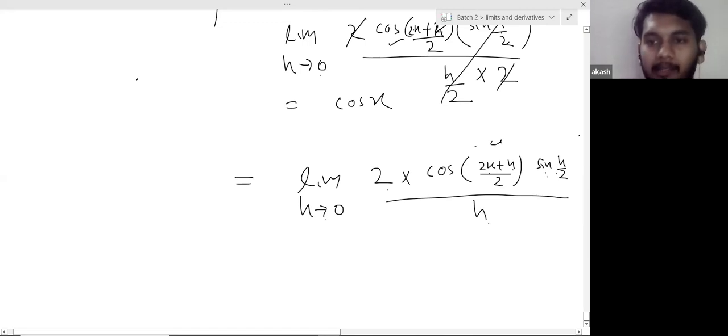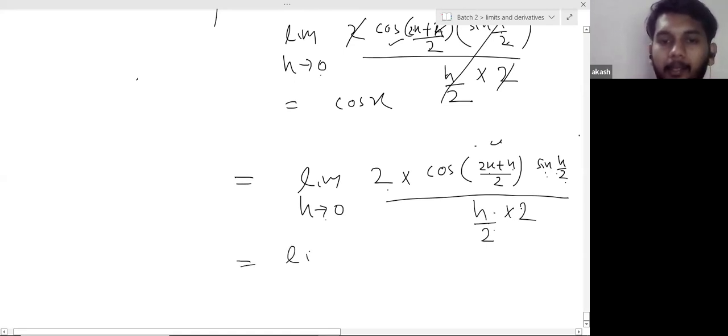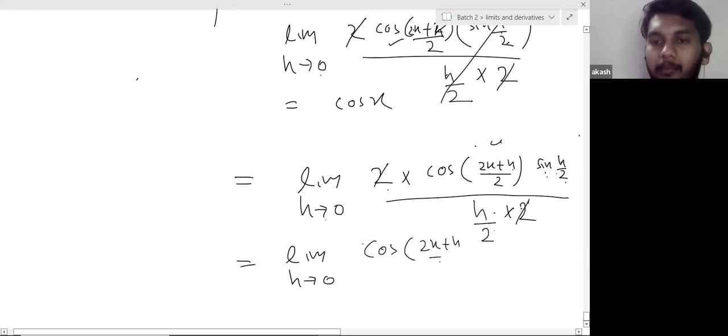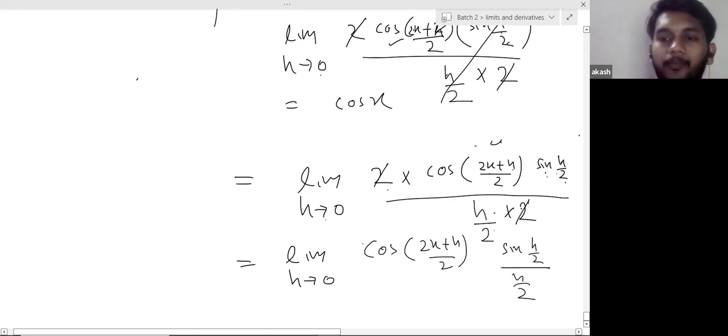So how can we solve this? We know sine x upon x is 1, and here the angle is h by 2. So to get h by 2 in the denominator, I can divide the denominator by 2 and multiply by 2 here. This 2 and 2 is cancelled, so no issues. Now this becomes limit h tending to 0 of cos of (2x plus h) by 2 times sine of h by 2 upon h by 2.